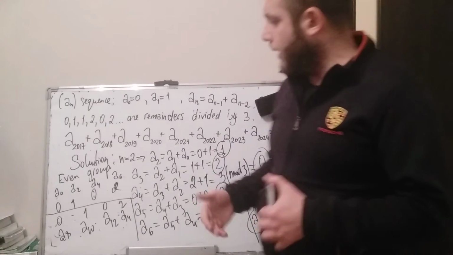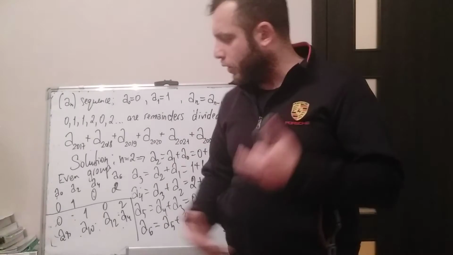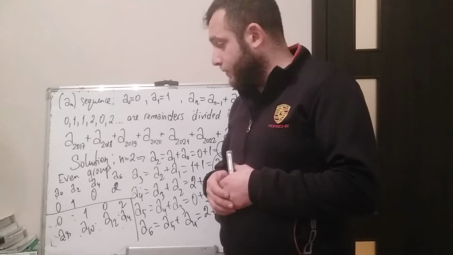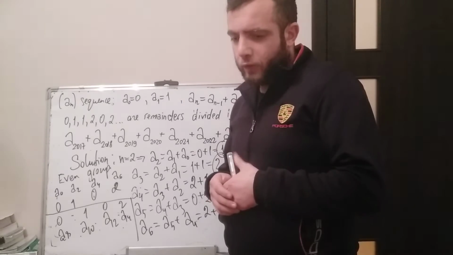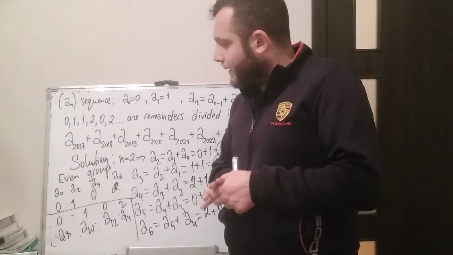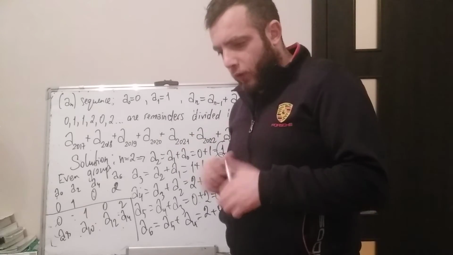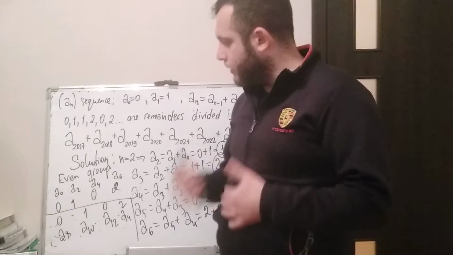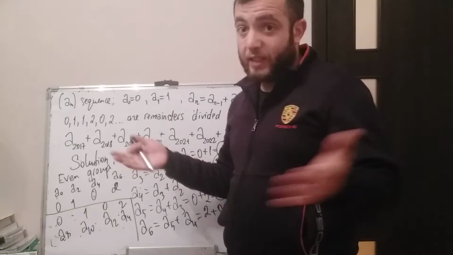So, just remainders like 0, 1, 0, 2. In other words, the values of the even index terms of the sequence are repeated periodically: 0, 1, 0, 2. That's perfect.